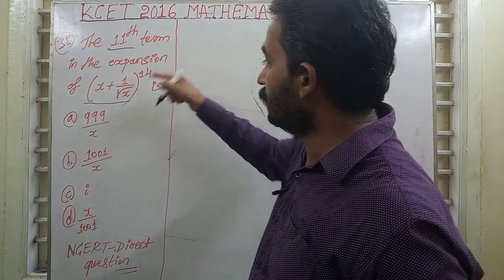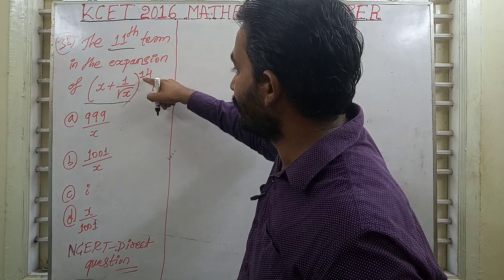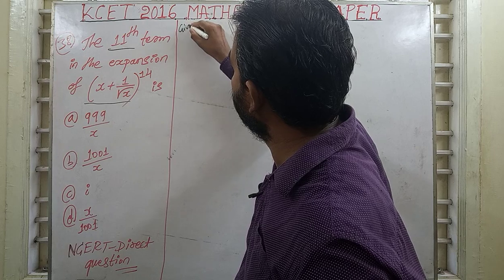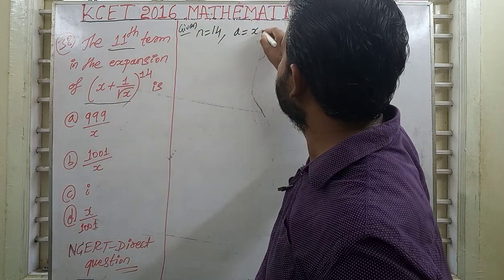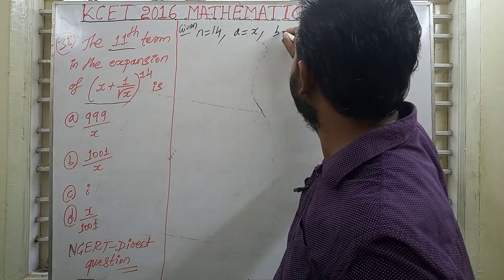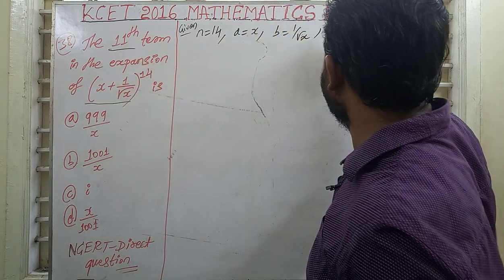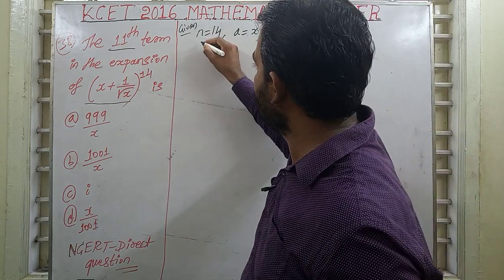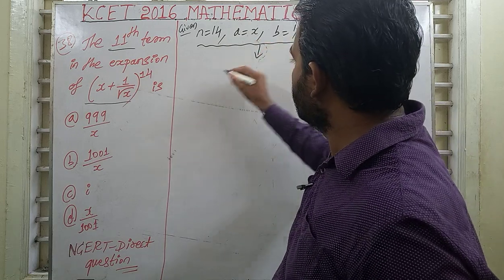Okay. So in this case, for the general term, first n is equal to 14, it is given. The first term is a x and the second term b is 1 by root x, and we have to find the 11th term, nothing but r is equal to 10. So substitute these values into the general term.